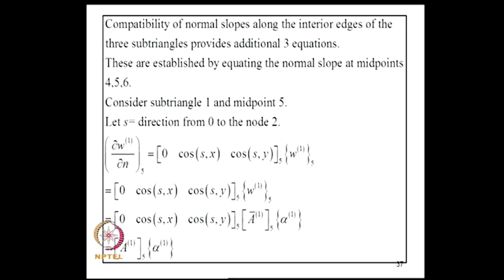So, dou W by dou N for the first element evaluated at node 5, we can show that this is given in terms of this transformation. For W1 of 5 I can use the A bar matrix that we have shown just now. In terms of generalized coordinates I get this. So, this dou W by dou N for element 1 at node 5 is given by this.